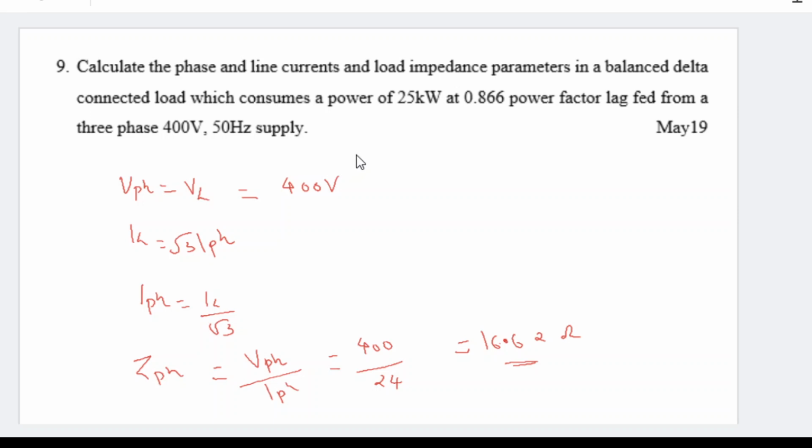Resistor and inductive load will be there. So now also we have to find out the impedance parameters. So what all things we have to find out? Yes, the impedance parameters are R phase and j XL phase.